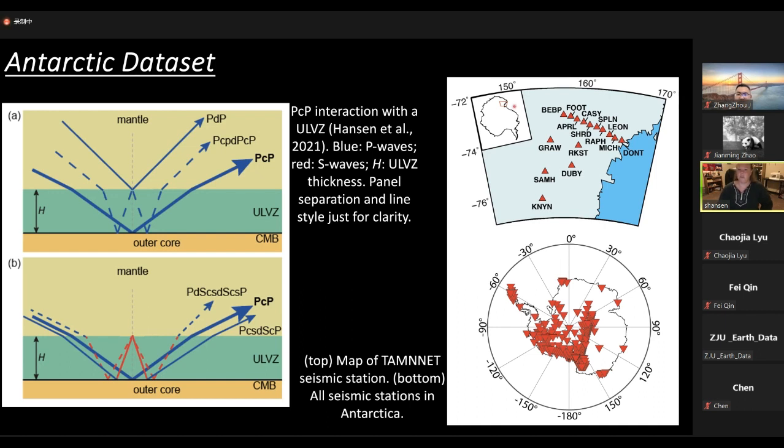And you can see where the array is located within the broader scale context of the rest of Antarctica. So this is our first study. And then more recently, we've expanded our investigation to use all of the seismic stations across Antarctica. And those are shown by the red triangles here on the bottom map. So I'll be showing you results from both of these today.